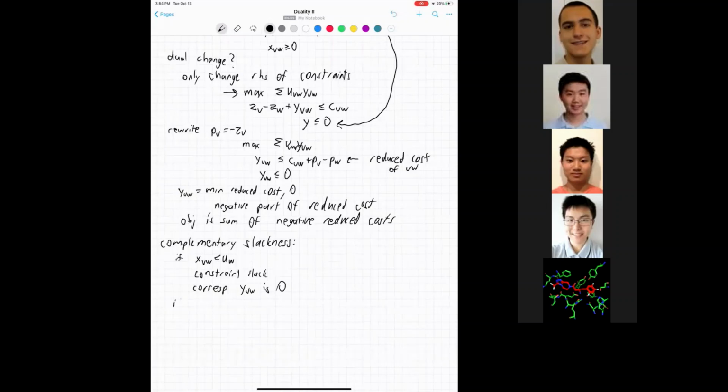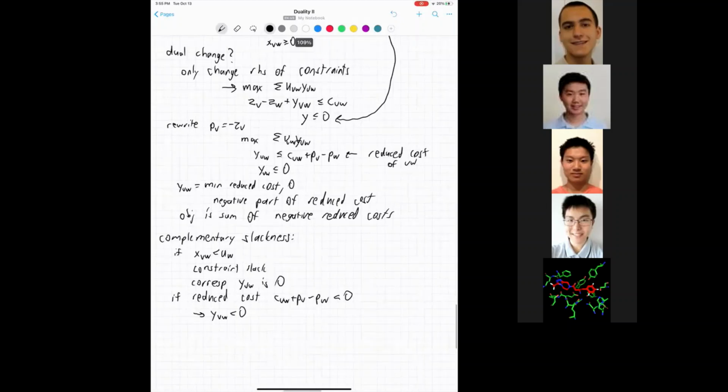Now suppose that the reduced cost CVW plus PV minus PW is less than 0. Negative reduced cost. Well, that means that YVW is less than 0, so it's slack, so to speak.